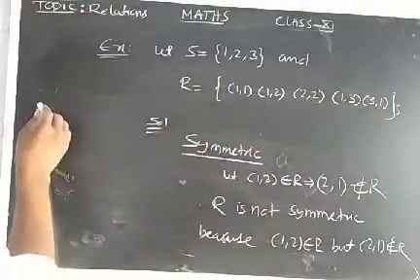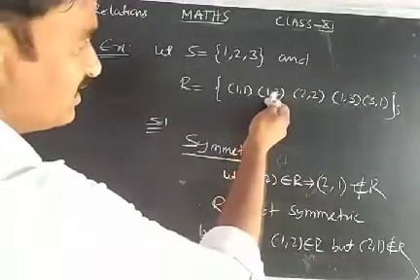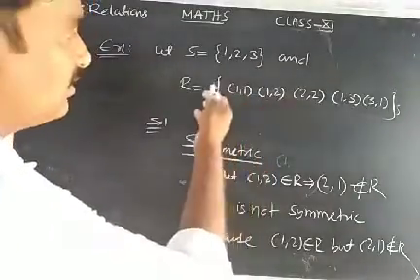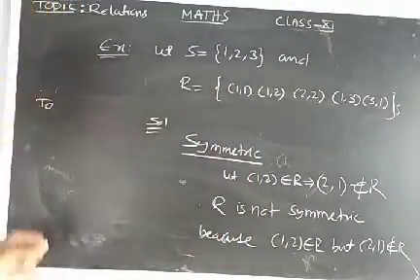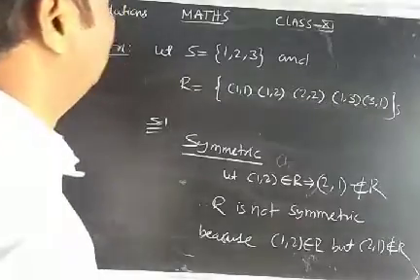Okay, right. If 2 comma 1 exists in this relation, it will be symmetric.